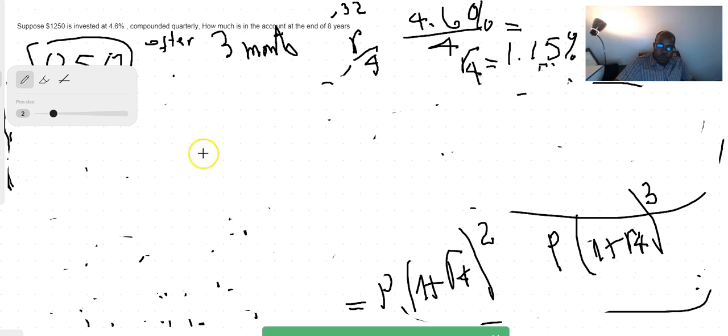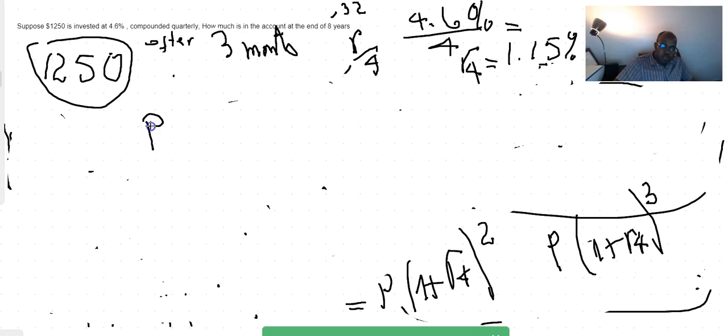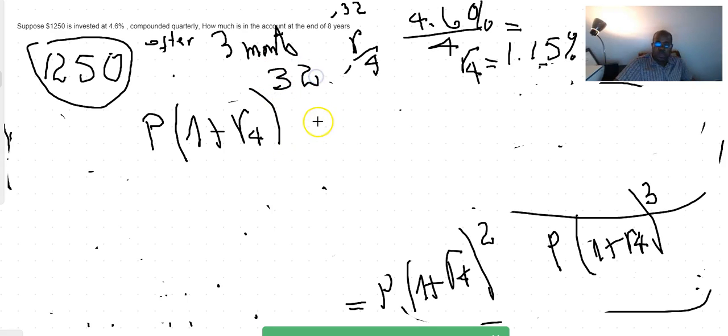So my general formula in this case is going to be P times 1 plus the quarterly interest, to the power of the number of periods, which is 32 for 8 years, right?